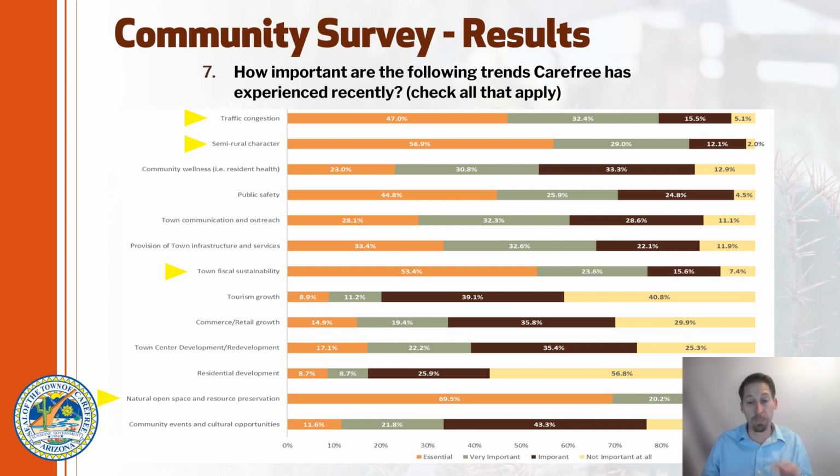So on this particular slide, in this workshop, we're asking for more feedback to help us zero in now on those areas that residents identified as being very important or essential to the community over the next 10 or 20 years.